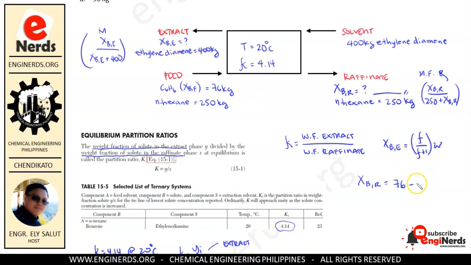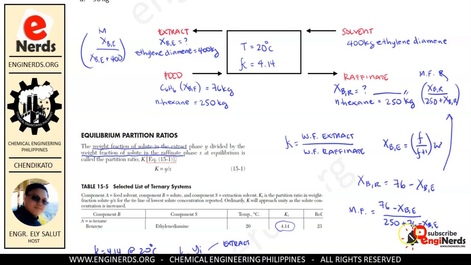So, that is just the balance of our solute. So, we substitute that here. Our mass fraction will be equal to 76 minus XBE over 250 plus 76 minus XBE. Okay?